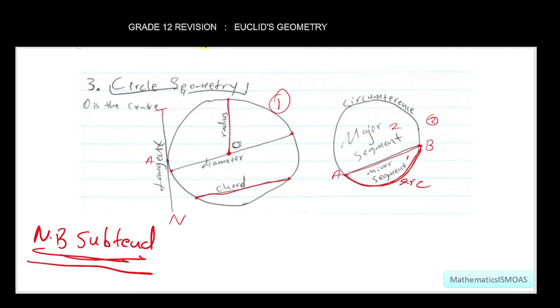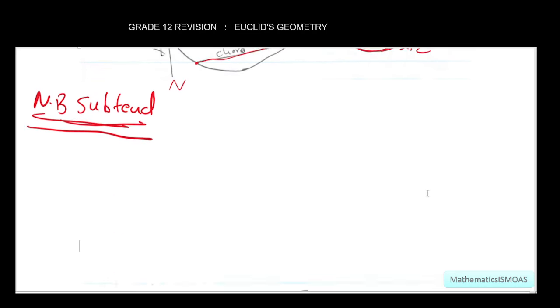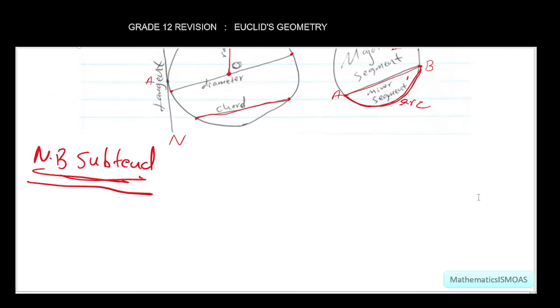We have touched on the arc. Now, from the circle geometry, we will be talking a lot about subtend. This subtends this, this subtends that. This is what we mean by subtending.